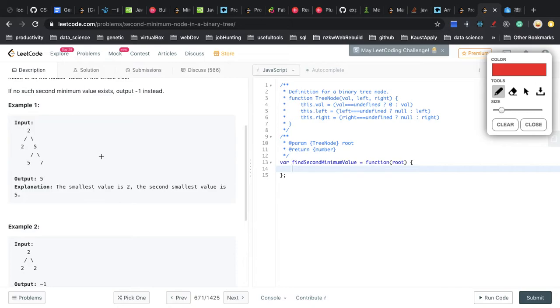Therefore, in this case, we can check the subnode value against the current node value, and if they are the same, then we just visit the subnode of that node, because we know that node is not what we want.